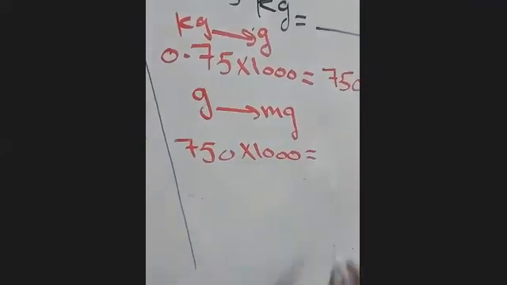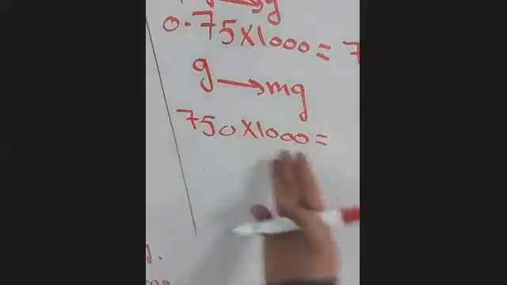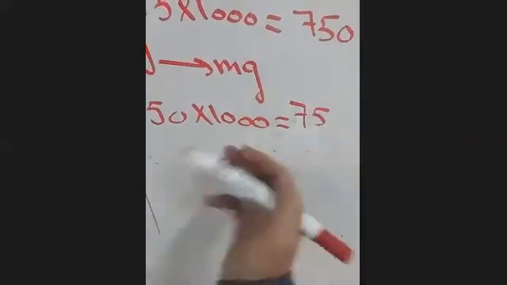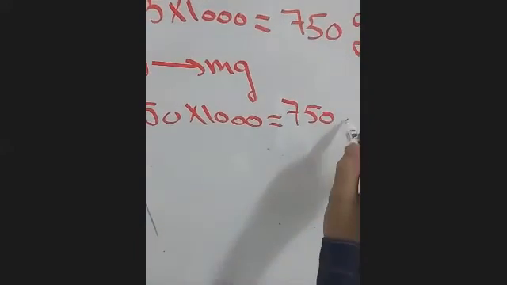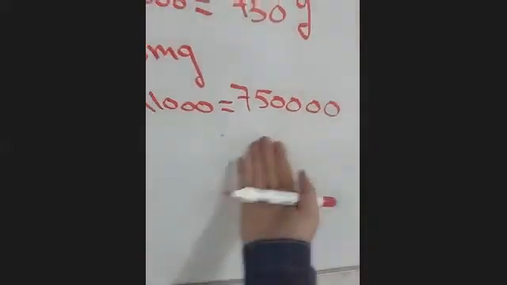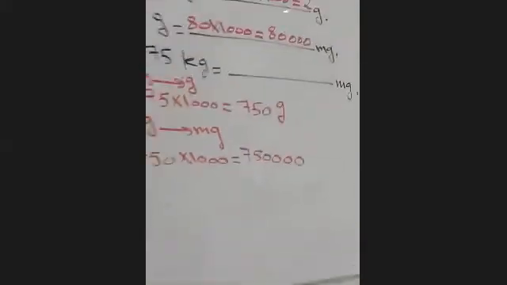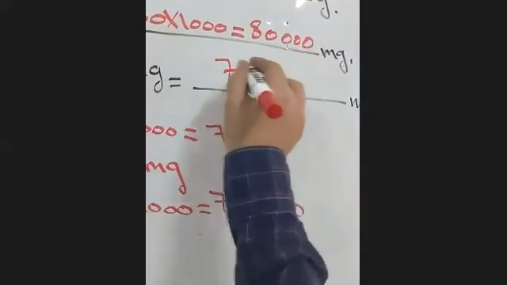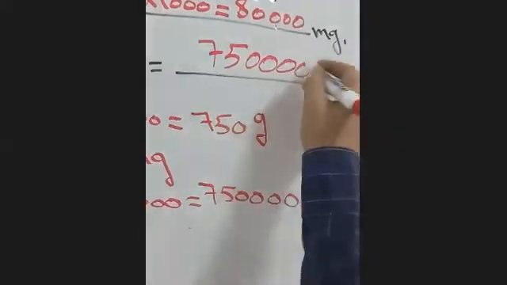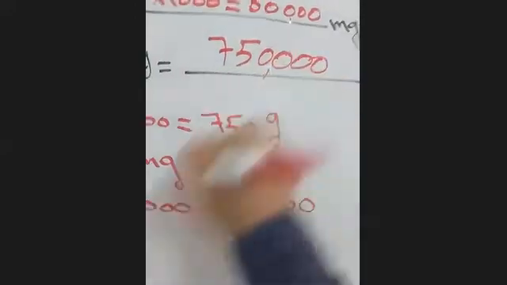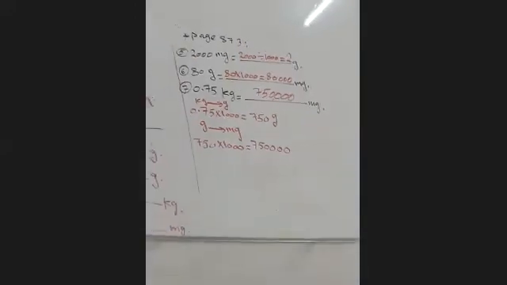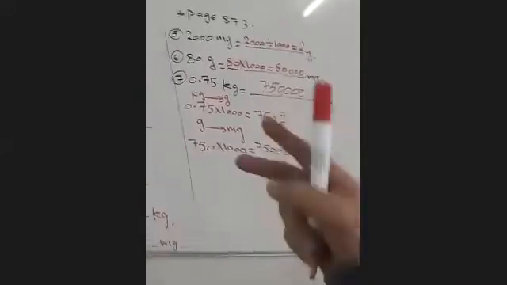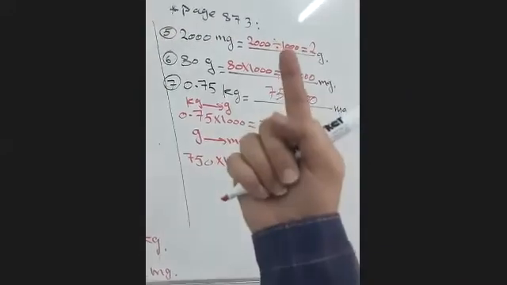We multiply the numbers, 75 by 1, 75, then we put all the zeros: 1, 2, 3, 4. So the answer is 75,0000, that is 750,000 milligram.